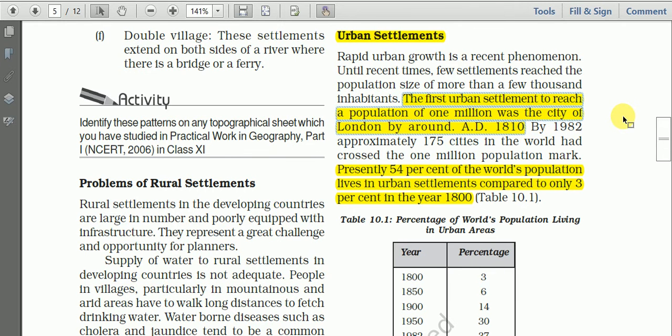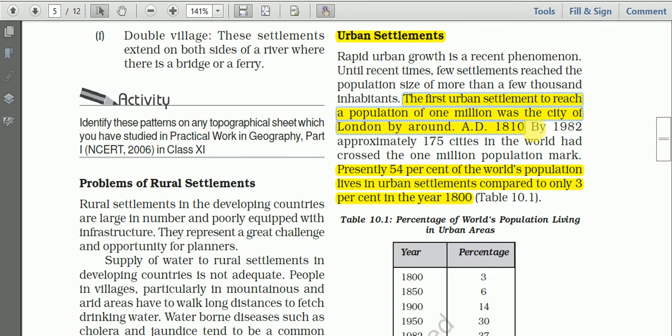Let me repeat. The first city in the world to reach a population of 1 million, that is 10 lakhs, was the city of London by around AD 1810. Okay, so this is important information.